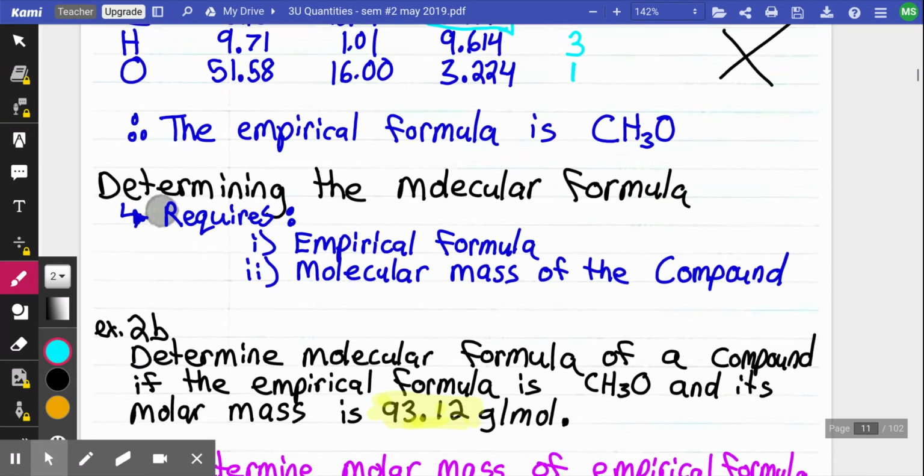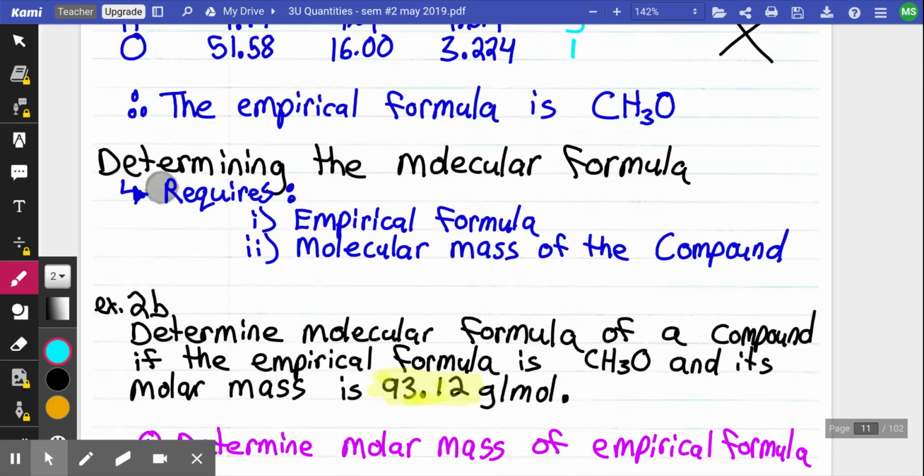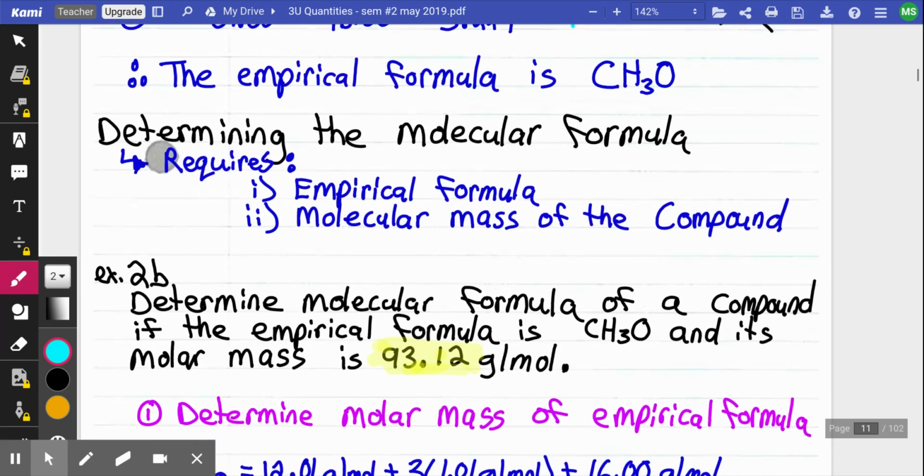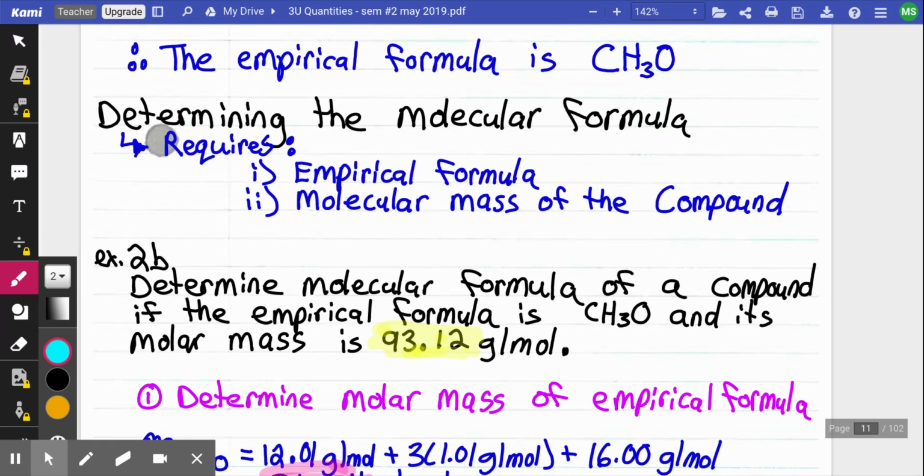So we're going to keep going with the same example that we just finished. This is kind of like 2B here. So we want to determine the molecular formula of a compound if the empirical formula is CH3O and its molar mass is 93.12 grams per mole.